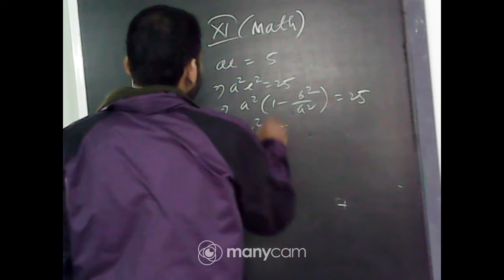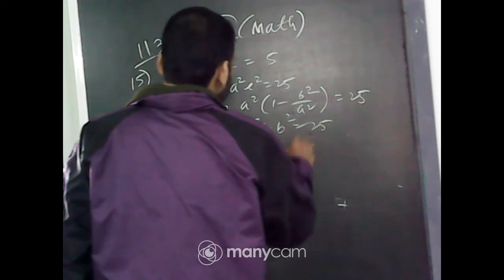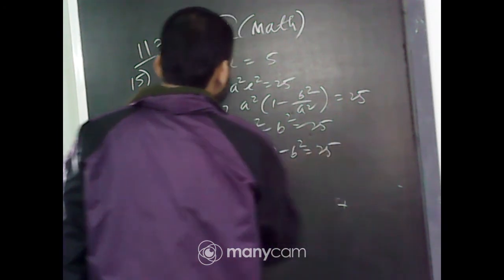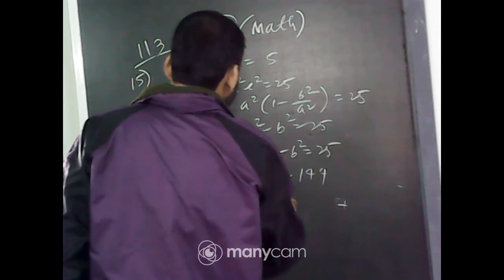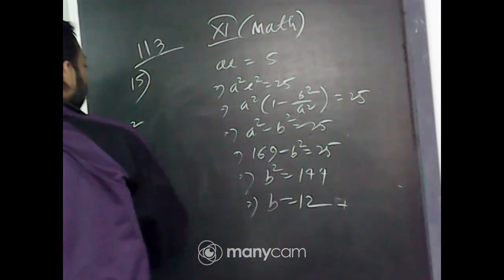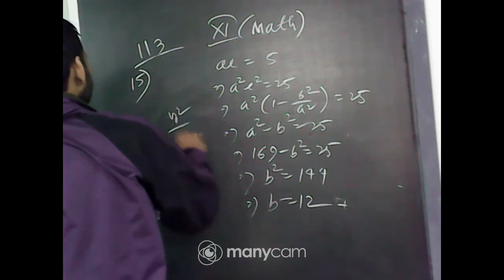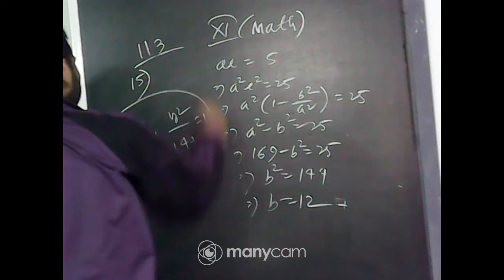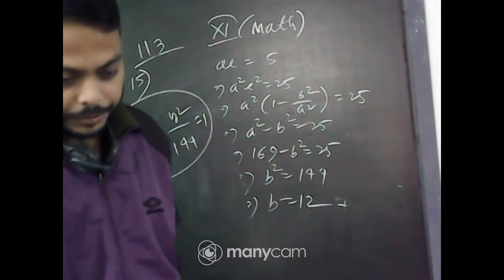So a square minus b square is 25. 169 minus b square is 25. So b square equals 144, b equals 12. So the equation will be x square by 169 plus y square by 144 equals 1. Isn't it?